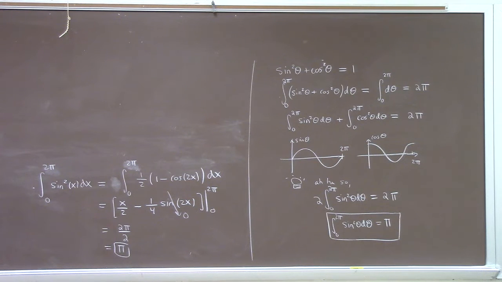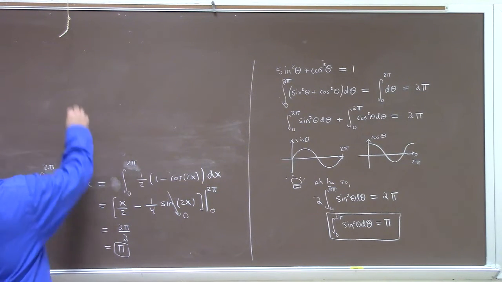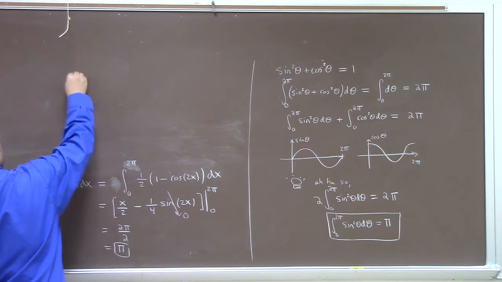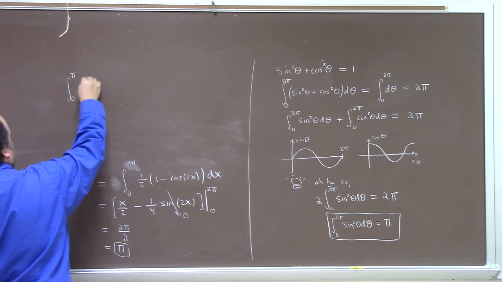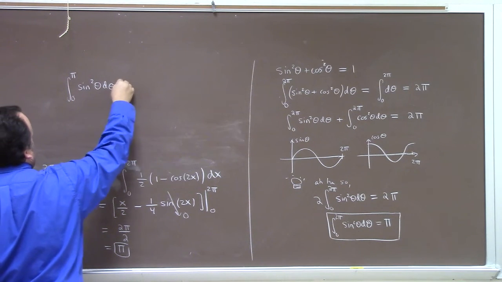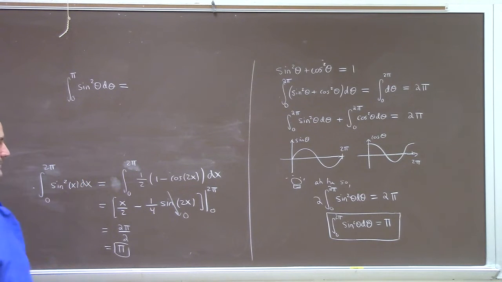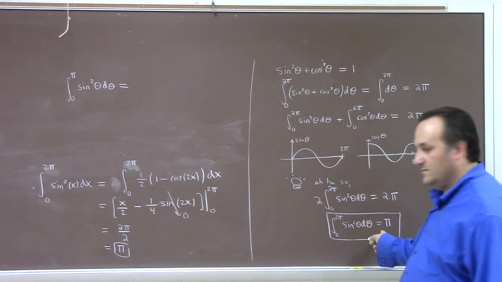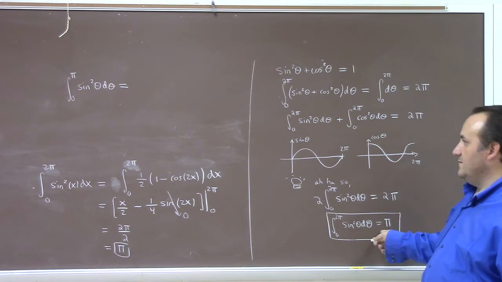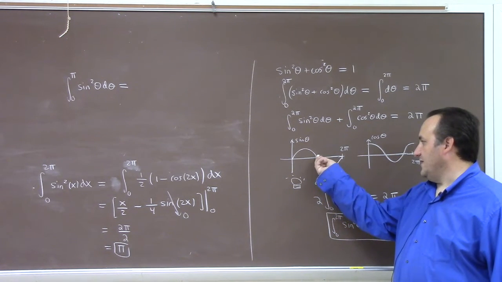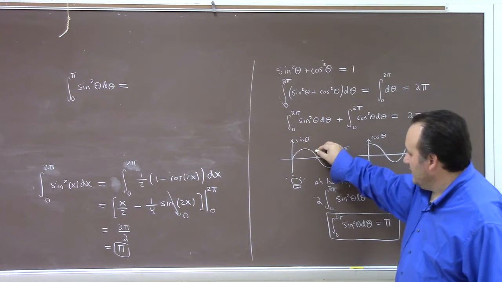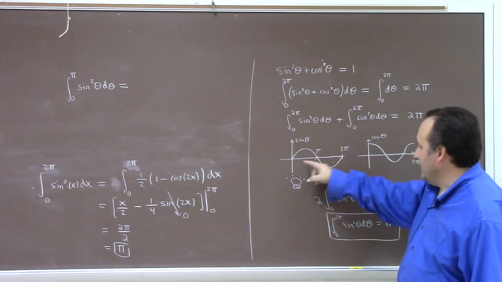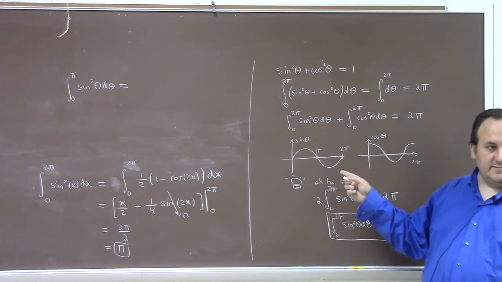But you can do more than this, right? You guys tell me, what would be the integral from 0 to pi of sine squared theta d theta? If you start thinking about this idea that we're toying with, I know that the integral from 0 to 2 pi is pi. If I go from 0 to pi, how is that related to the integral from 0 to 2 pi for the square of sine?